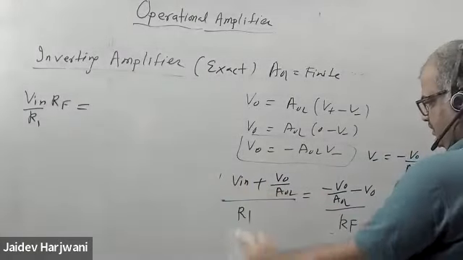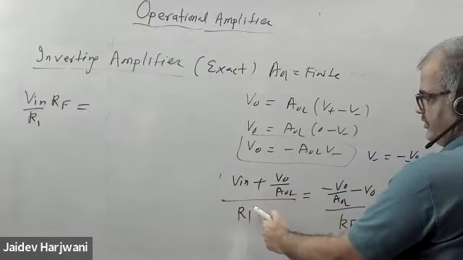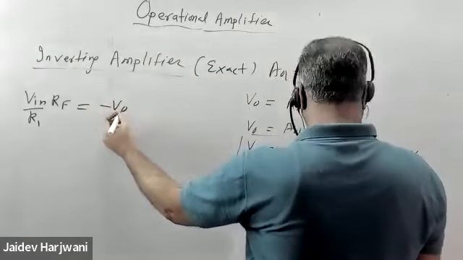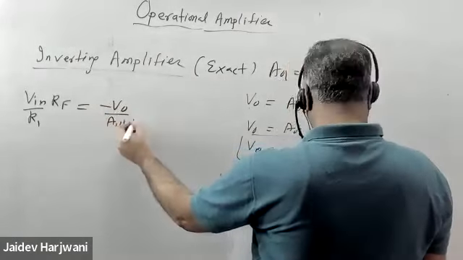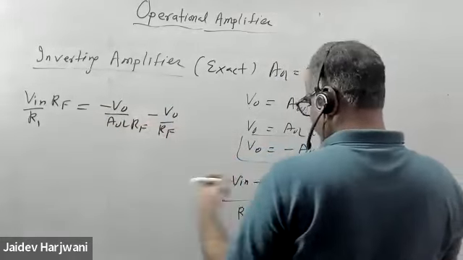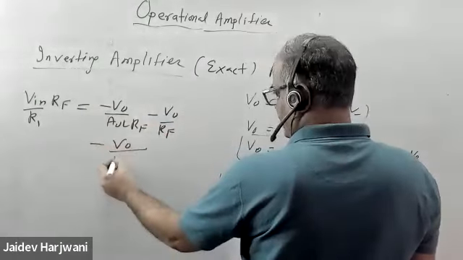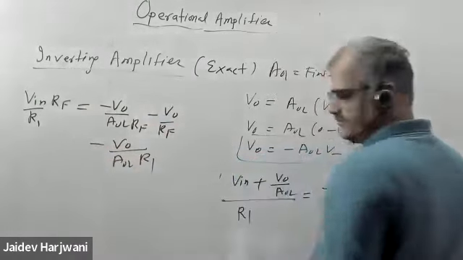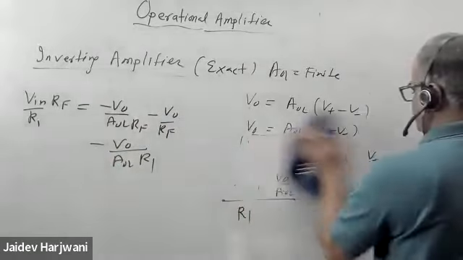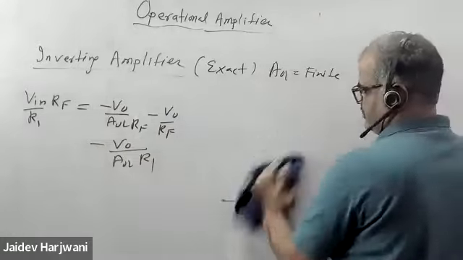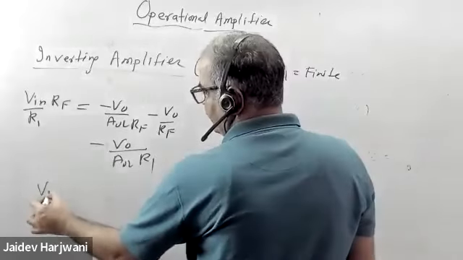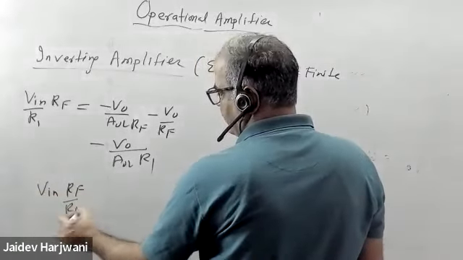So you have V input RF upon R1, minus V0 upon AOL, minus V0 upon RF, and minus V0 upon AOL R1.